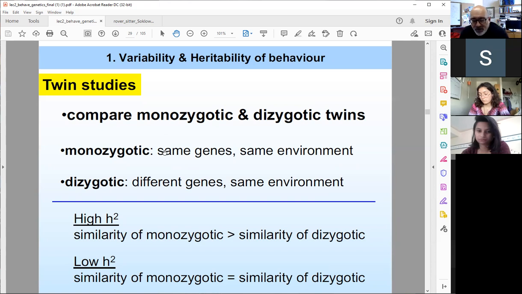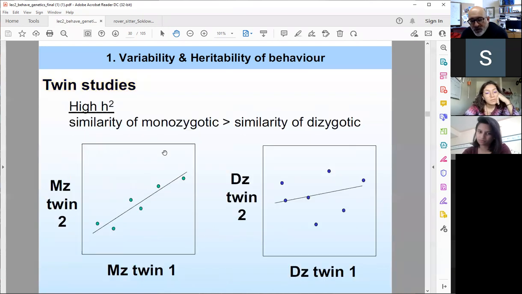And therefore, if complex behavior is heritable, then we would expect those monozygotic twins to be more similar. If heritability is low for complex behaviors, then we expect that monozygotic and dizygotic twins should have very similar heritabilities. Again, we're not speaking specifically about intelligence per se, but about behaviors in general.